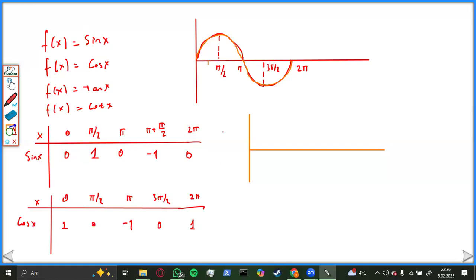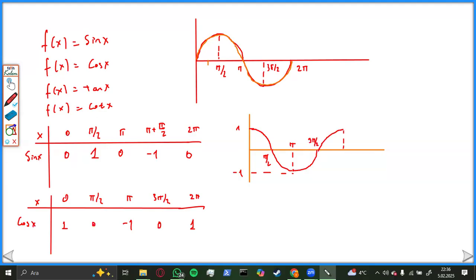As you can realize, it starts with 1 here, and then 0 for pi over 2, and then minus 1 for pi. And then 3 pi over 2, still it is 0.